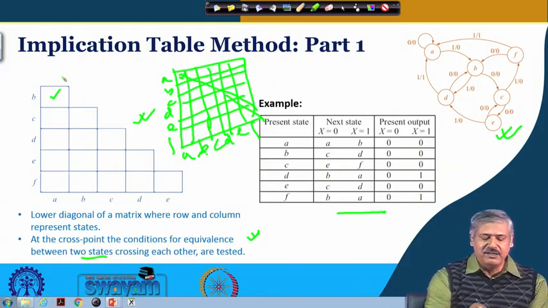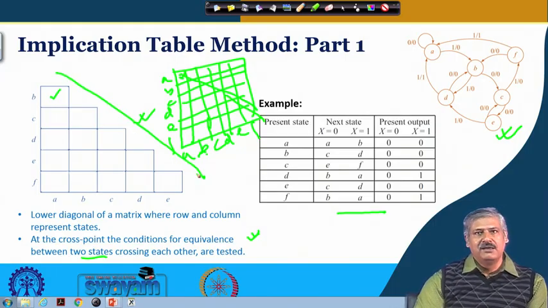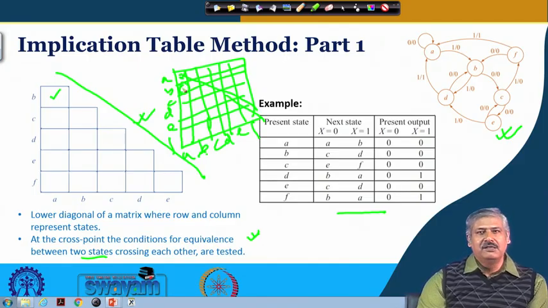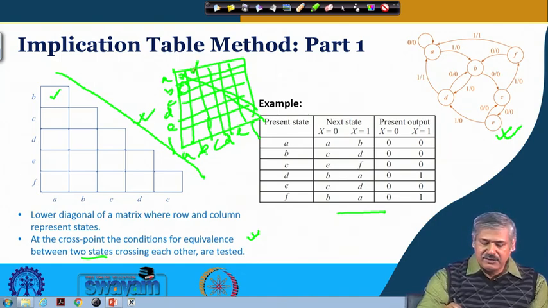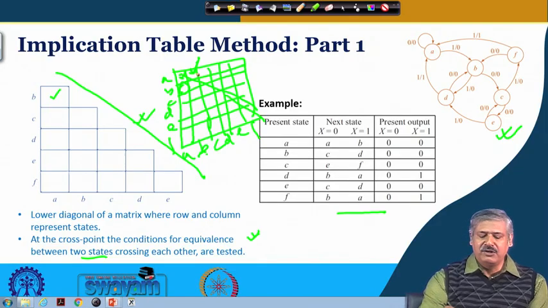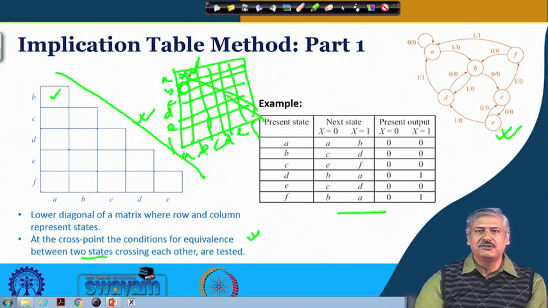So those are the diagonal elements. And the upper diagonal is also not required because we are testing A and B over here. If it is equivalent, then testing B and A in the upper diagonal element is all the same. If they are not equivalent, it will not be equivalent by that also.